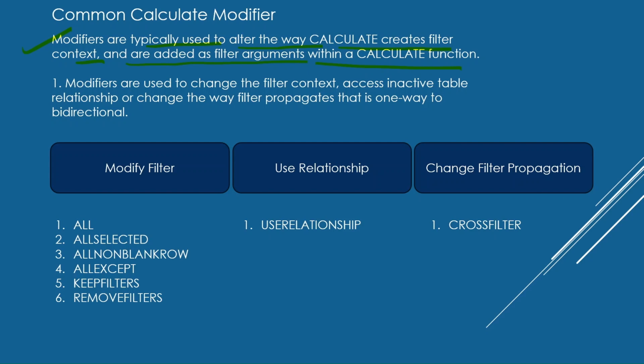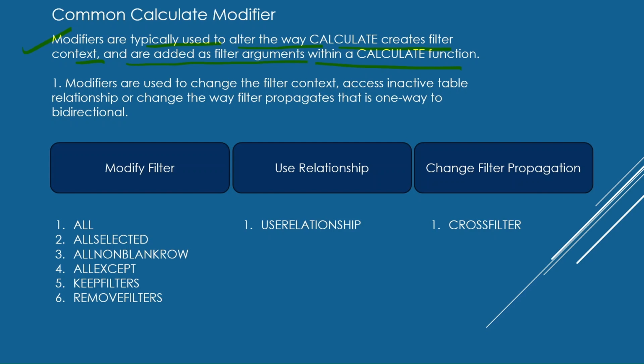The CALCULATE function may use some filter parameter and some expression. So how does the execution order typically happen in CALCULATE? First it processes the filter parameter, and then it processes the expression.